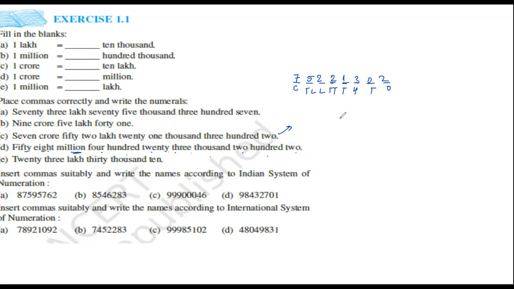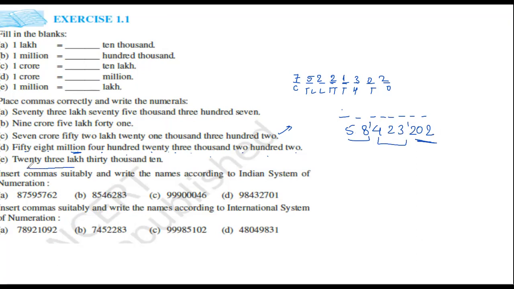It's because he's saying 58 million. If he had said 5 million, then I'd put 6 million. But he's saying 58 million, so after 2 digits, I will put the 6 digits, right? So he's saying 58 million 423,202.